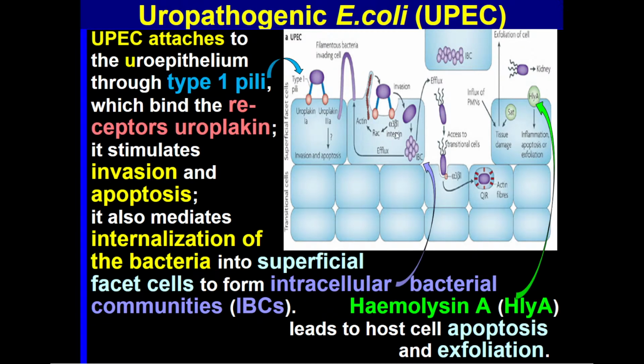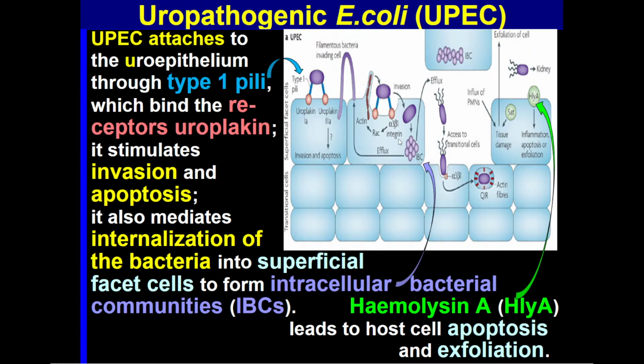While it internalizes it in superficial facet cells, and then they start to multiply inside the cells, right? And they are the so-called intracellular bacterial communities, right?